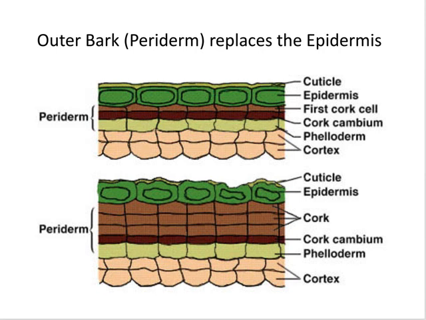Another name for the cork cambium is the phellogen, which is spelled P-h-e-l-l-o-g-e-n. This phellogen is a word we'll see in some textbooks. The cork cells, remember, have suberin in their cell walls to provide waterproofing, and the phelloderm is similar to parenchyma.